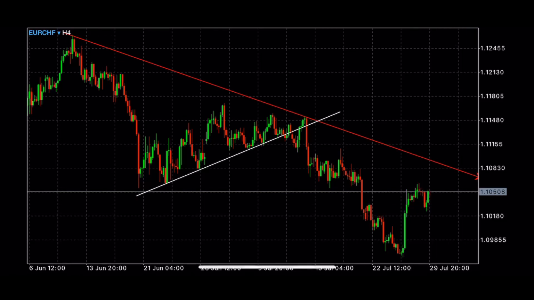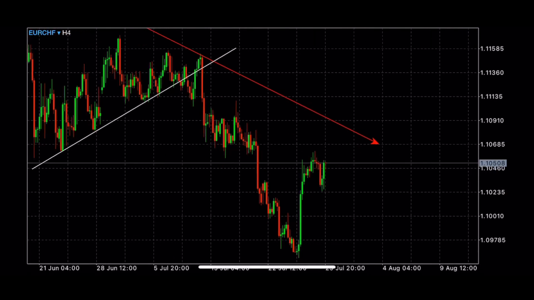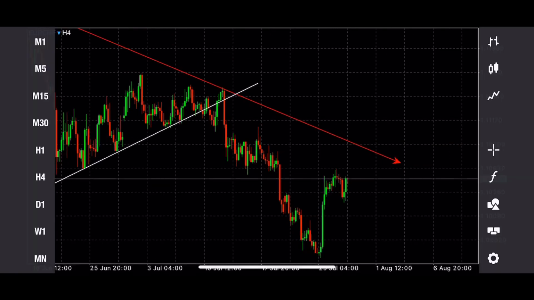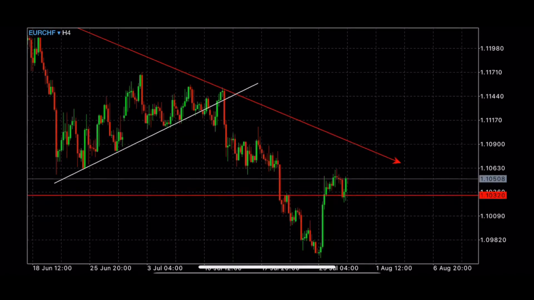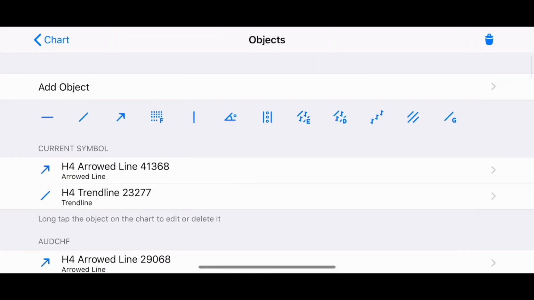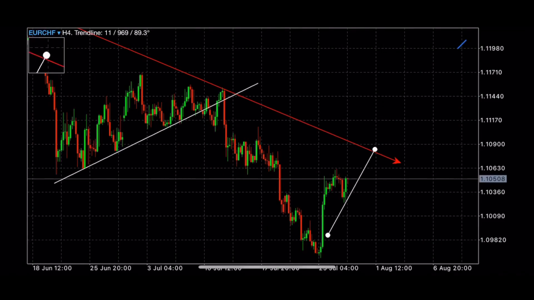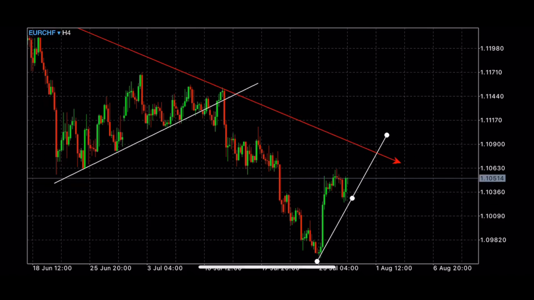But it's important to remember that we're still within the downtrend. So I don't want to put a horizontal line there. What we're going to do is draw a reversal line like this. But this is what I want you to do now.